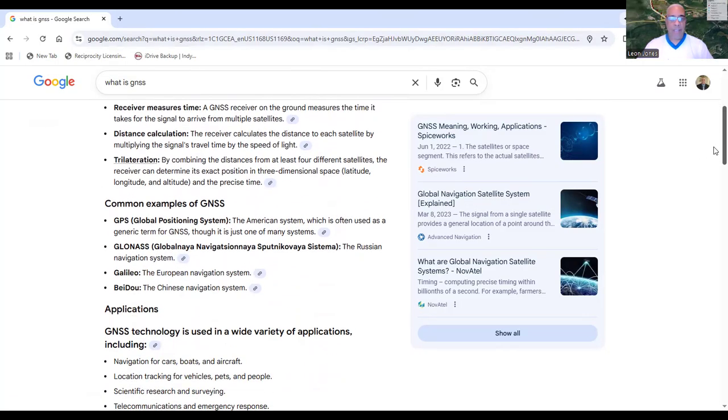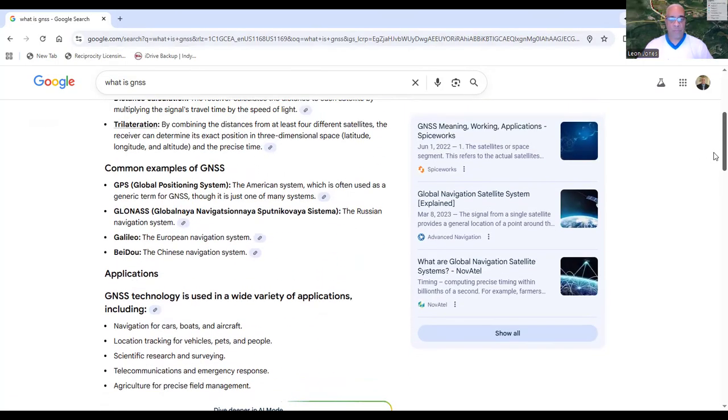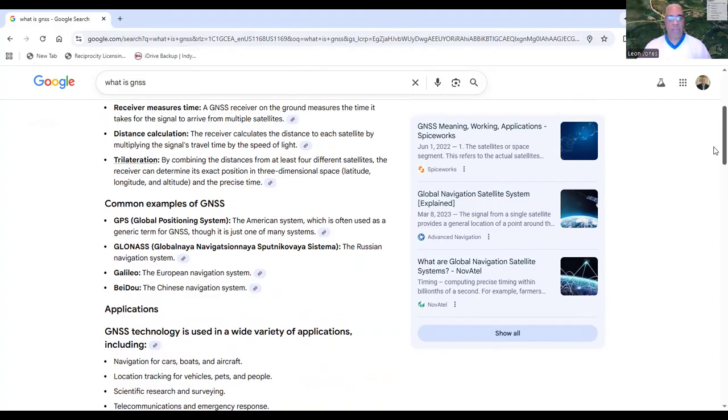Now we have common examples of GNSS. I just mentioned to you a minute ago, GPS is what we have in the United States. That's the Global Positioning System. It's the American system, which is often used as a generic term for GNSS, though it is just one of many systems.